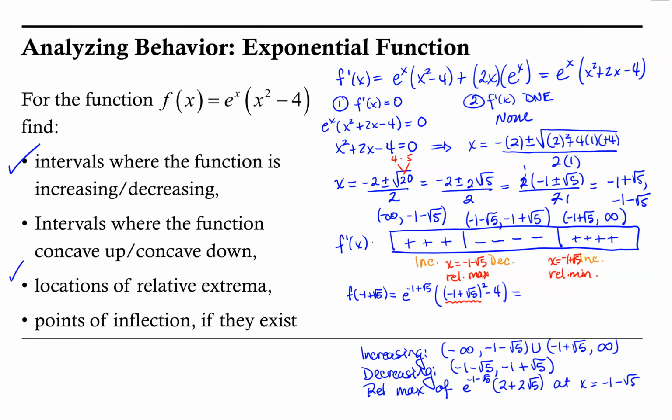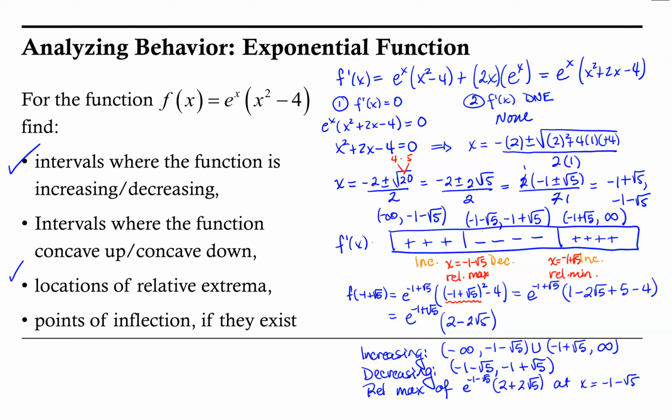And when we do that, we get e to the -1 plus square root of 5 times, we'll have 1 minus 2 square roots of 5 plus 5, and then minus 4. Simplifying that, we get e to the -1 plus square root of 5 times 2 minus 2 square root of 5.